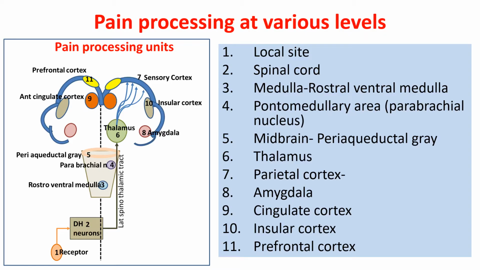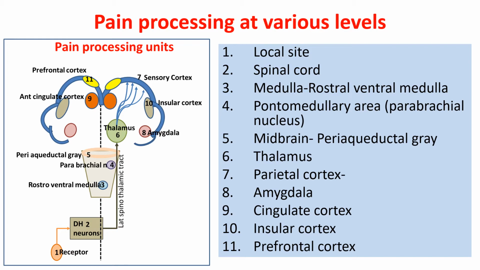Now let us look into the pain processing at various levels. Level 1 is the site of injury, the local site, that is at the receptor level. Then comes the spinal cord, that's level 2. Then the medulla, the rostroventral part of the medulla.